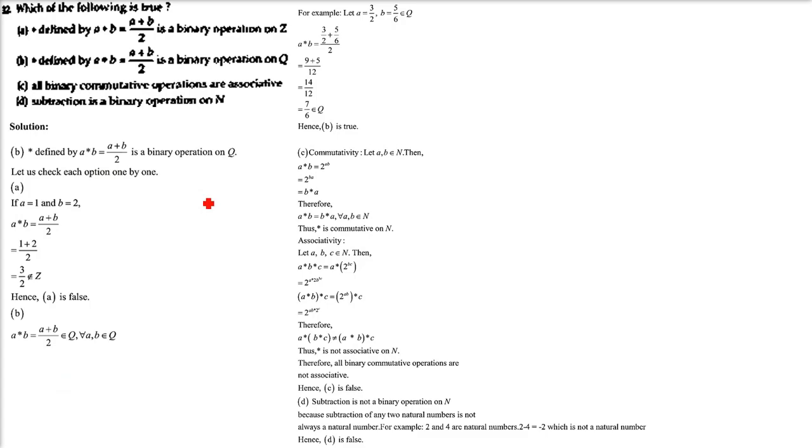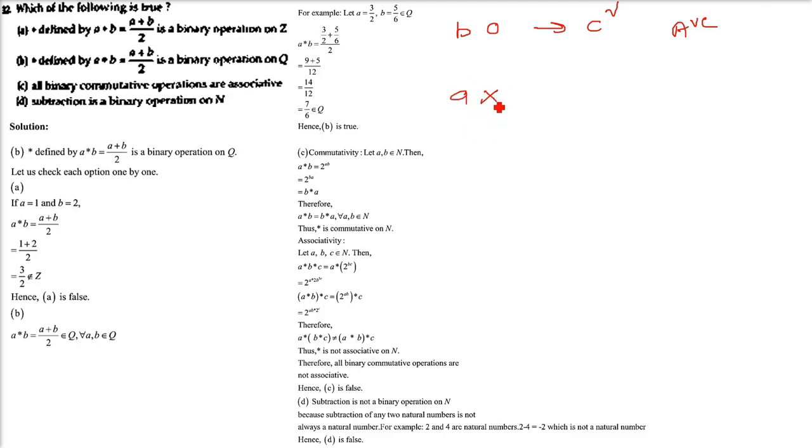All binary commutative operations are associative. So for this, we will use an example that we have already done in our exercise number 1 and 2. That is, a binary operation which is commutative is also associative. This we have to prove or disprove.